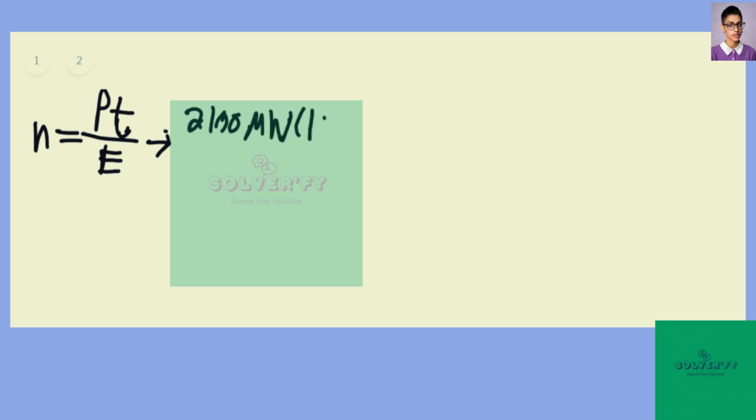Our time is 1 year, which we will have to convert to seconds because watts is joules per second. And then 3.2, which we just solved for, times 10 to the minus 11 joules.